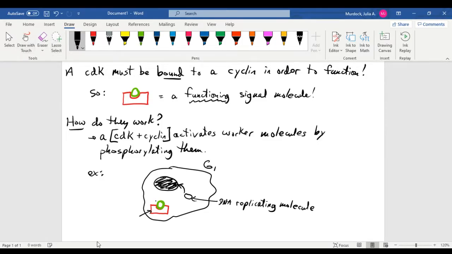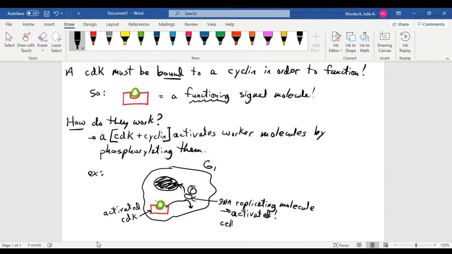So here is a CDK that is activated. It can do its thing because it's bound to its cyclin. So what does it do? It puts a phosphate onto this molecule. And now that's activated.